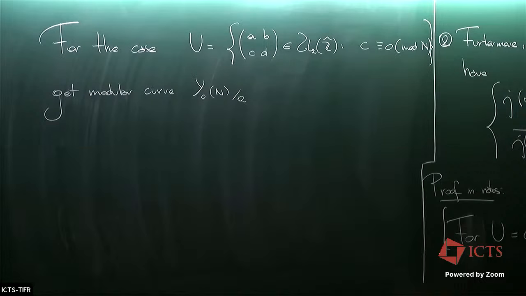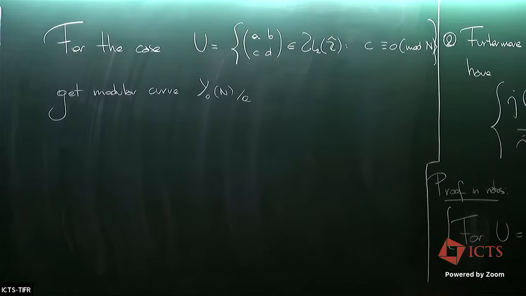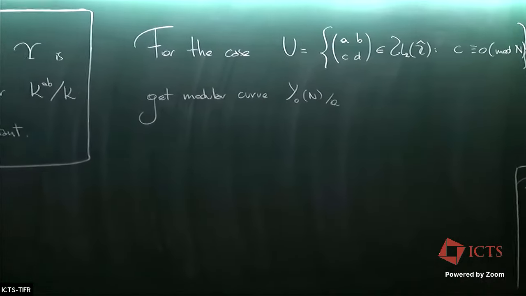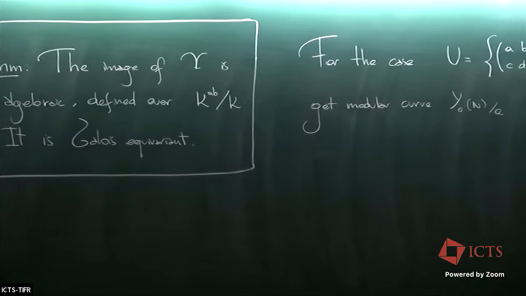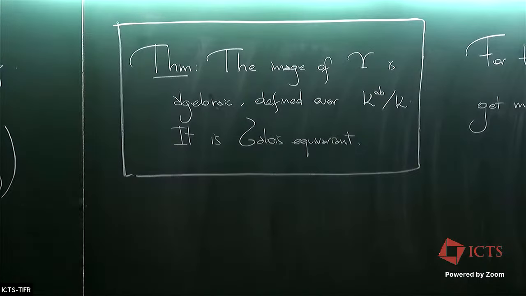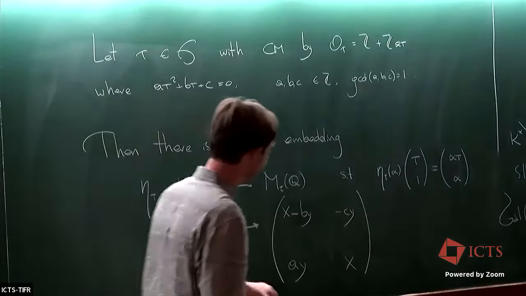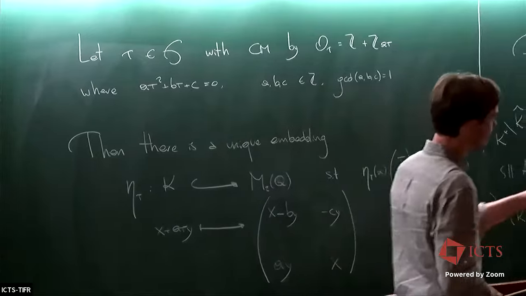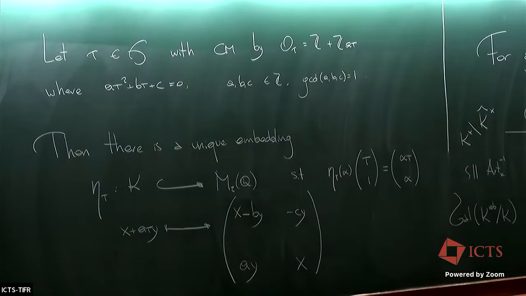And in fact, this is very transparent now if you look at this explicit expression that we have up here. What I want is for this explicit expression, if I have an element of O, or more generally, if I take the adelic version with a hat on top of everything, the element of O hat, I would like this kind of thing to land inside of U. And my definition of U is that the lower left entry should be divisible by n, this integer that I've picked.